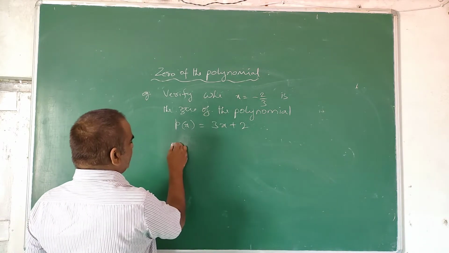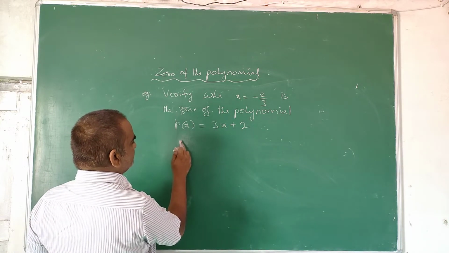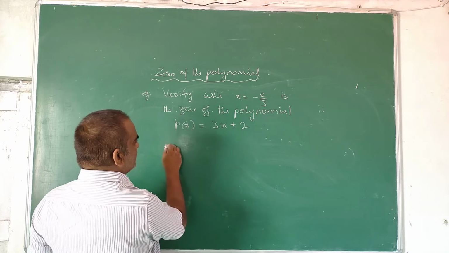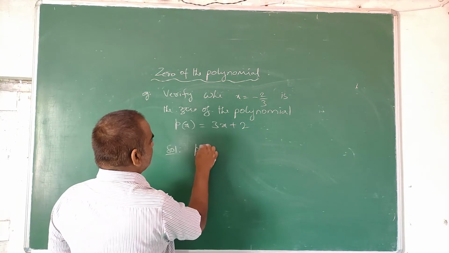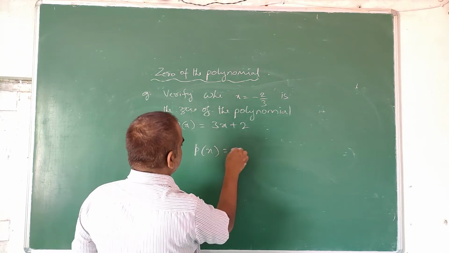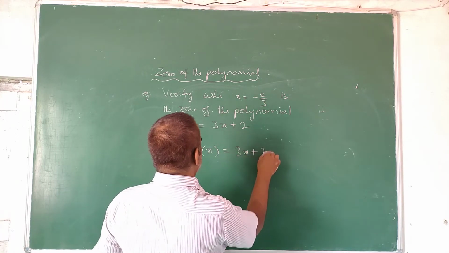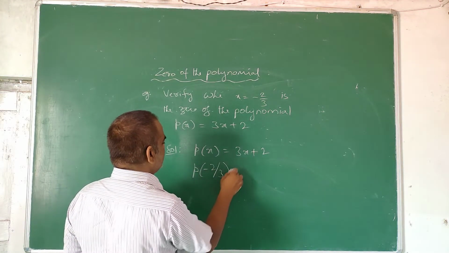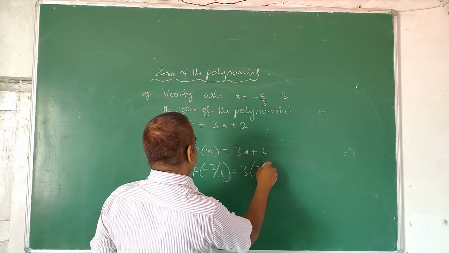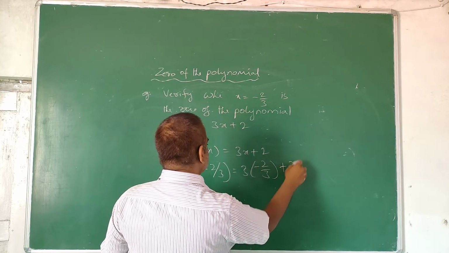So you have to find out the value of the polynomial p of x at x is equal to minus 2 by 3. That means you have to find out p of minus 2 by 3. So take p of x is 3x plus 2. Find out p of minus 2 by 3, which is equal to 3 into minus 2 by 3 plus 2.